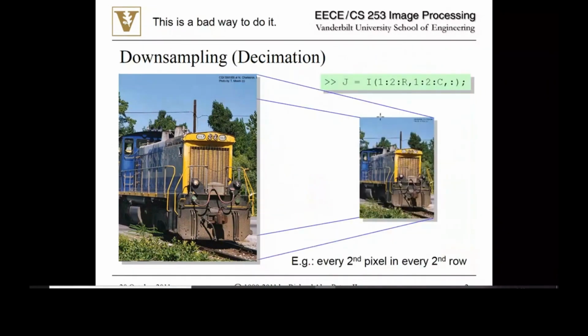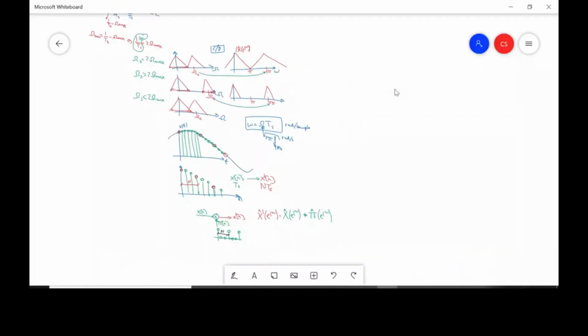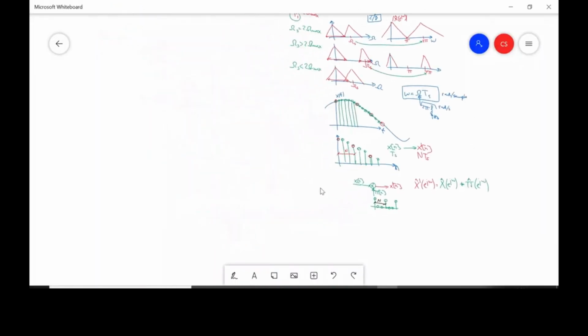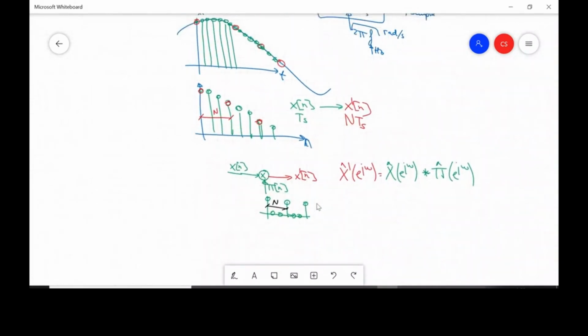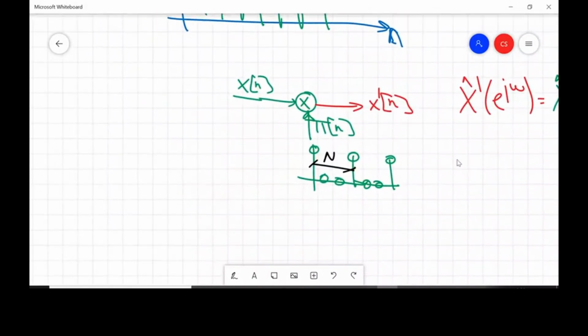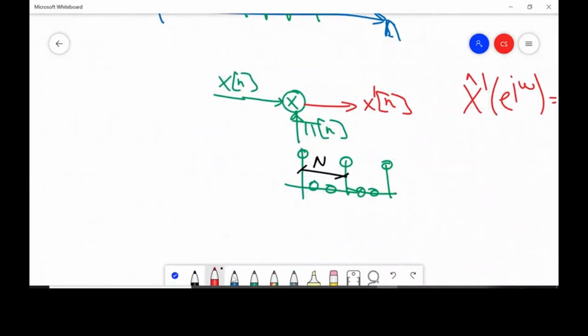Okay, so this is just a reminder of how we can do that. Actually, this process of taking one sample every n is called decimation. So this process alone is called decimation.